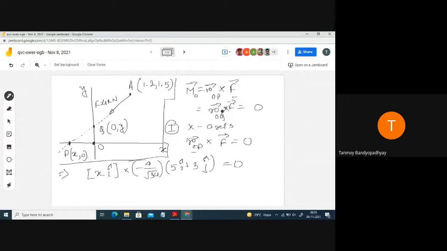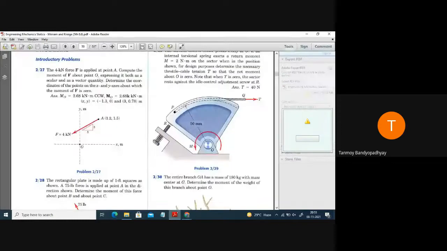So that is equal to 0. So just now you can do this. So this one cancels out. This will become 0. So just do this one and calculate what is the value of x coming out to be.